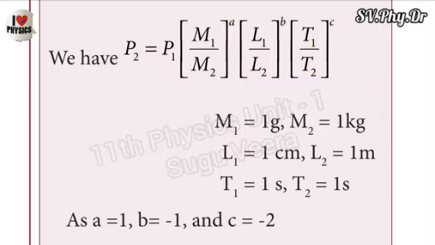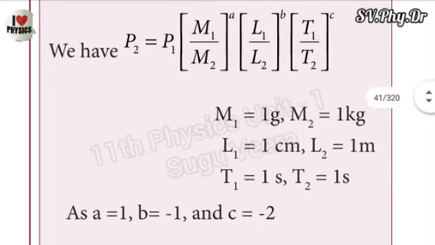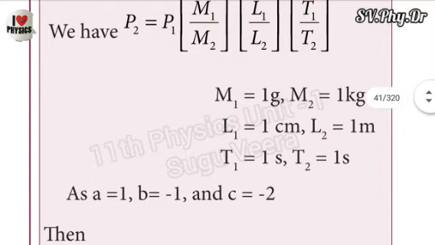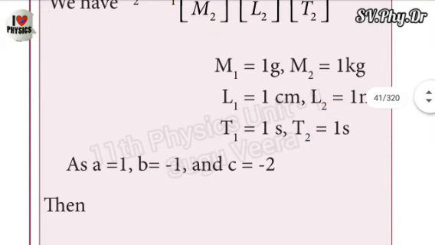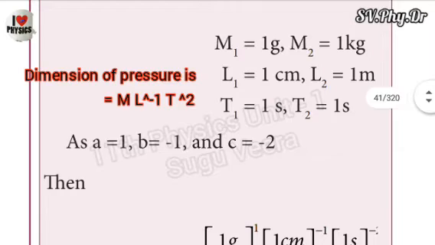Here M1 equals 1 gram, M2 equals 1 kilogram, L1 equals 1 centimeter, L2 equals 1 meter, T1 equals 1 second, T2 equals 1 second. From the dimensions of pressure, a equals 1, b equals minus 1 and c equals minus 2.